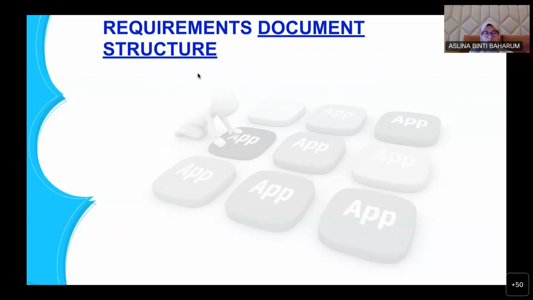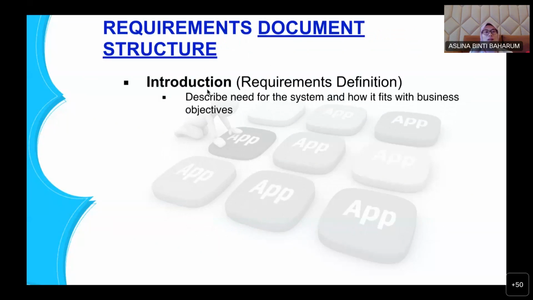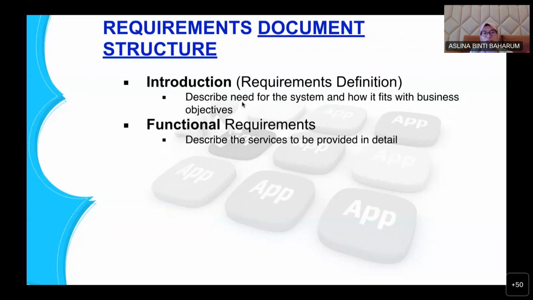Requirement document structure. Okay. Later on you will do the SRS, right? So this is the structure of the documentation. First you have the introduction, the requirement definition, which describes the need for the system and how it fits with the business objective. Then you have functional requirements, which describe the services to be provided in detail.